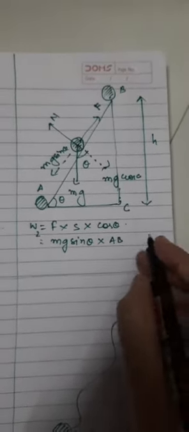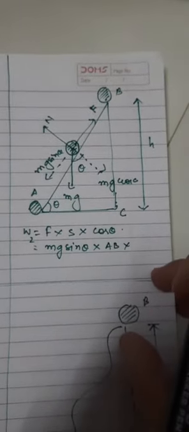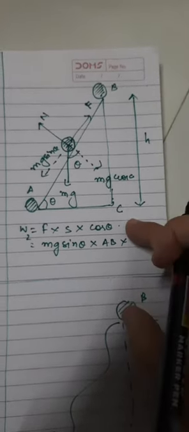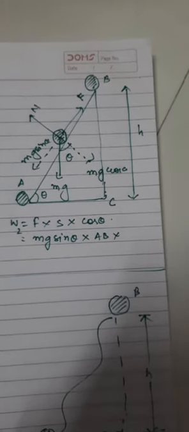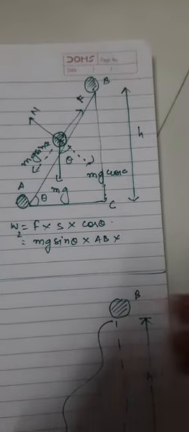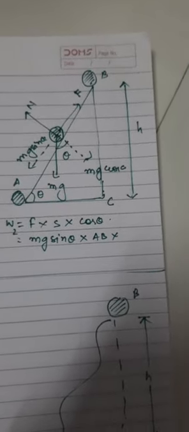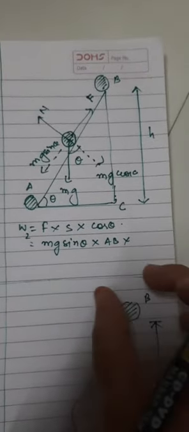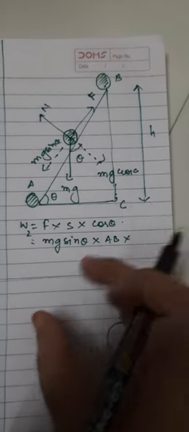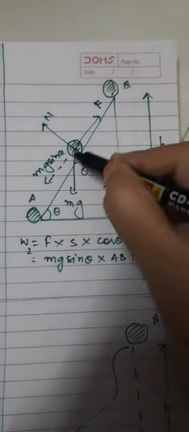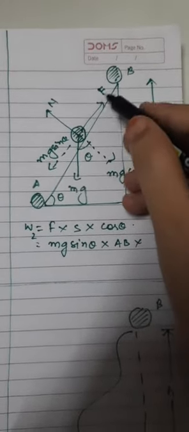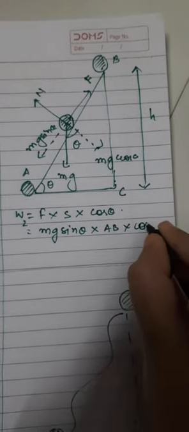Now what is the cos theta here? Since the angle between the displacement and the force is the same in this case, I can write cos 0.